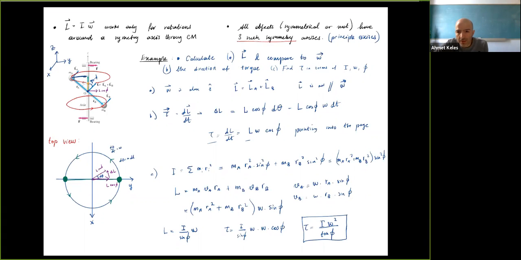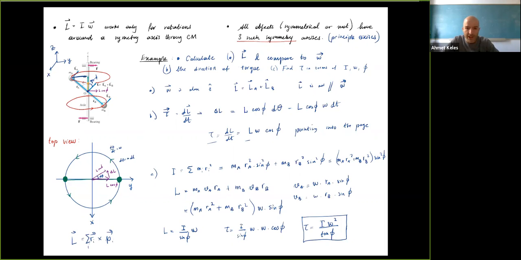Is it a general formula for L? I omega. But in general, this is also not the case, right? The most general formula for L is this: L is equal to R cross P. And if you have more than one particle, or a system, you have to sum them up.